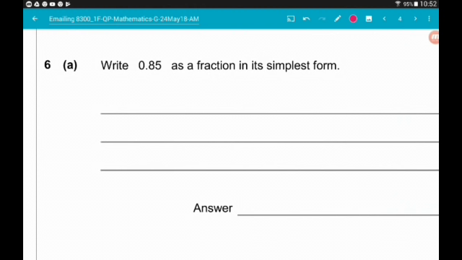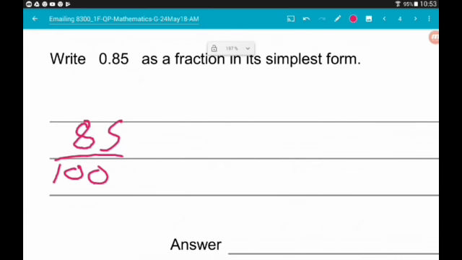So 0.85 we could think of as 85 hundredths. So as a fraction, that is 85 over 100. Now this has a common factor of 5. So if we divide that out, we get 17 over 20.